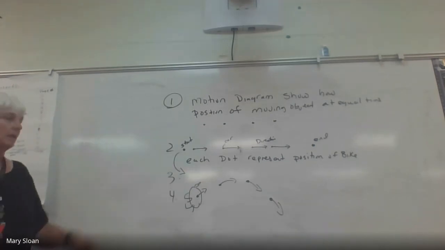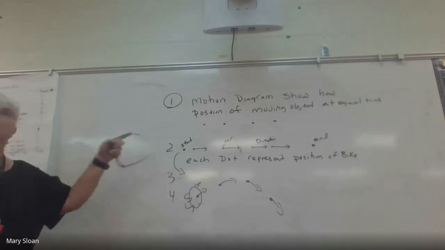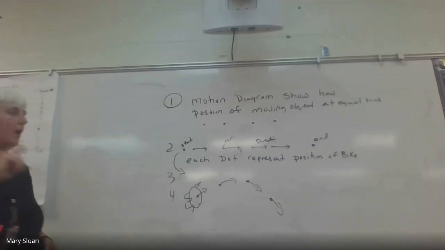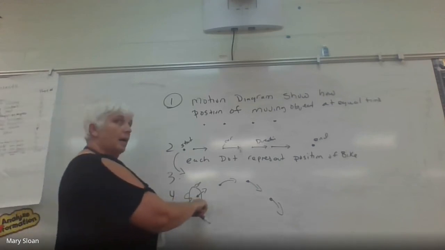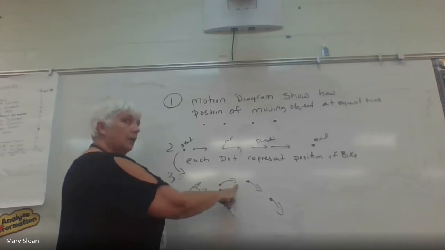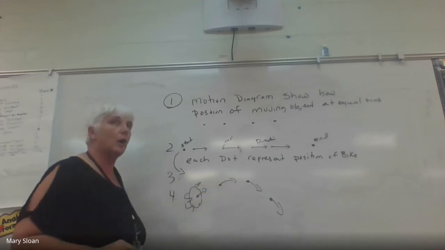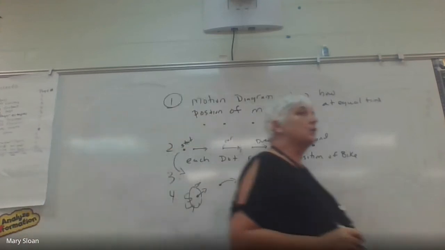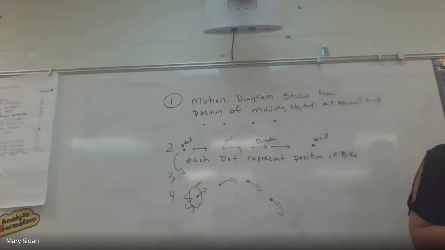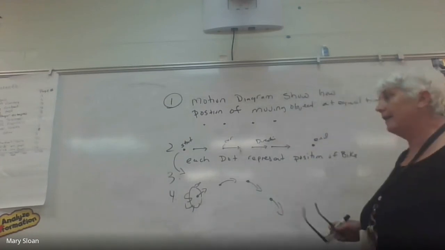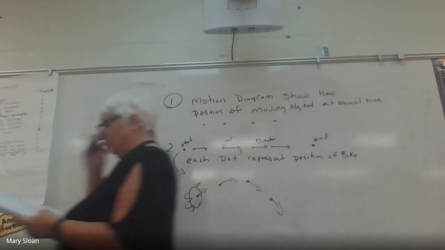My bird is the picture itself, but what represents the bird is the dot. And then the vector, the arrow, is showing me direction and whether they're speeding up or not. Is everybody good so far? I know your bird's going to look better than mine.